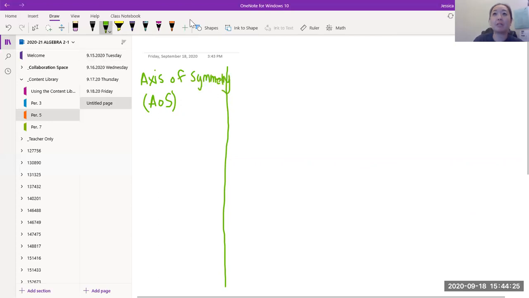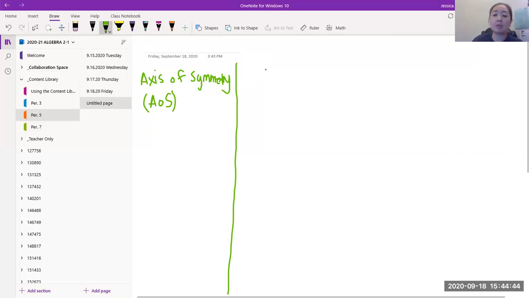Since this is a computer, I'm just going to readjust that. Sorry. And so I would write on here, maybe I would draw a picture, or there are going to be formulas that you're going to see later on that I would write in here.